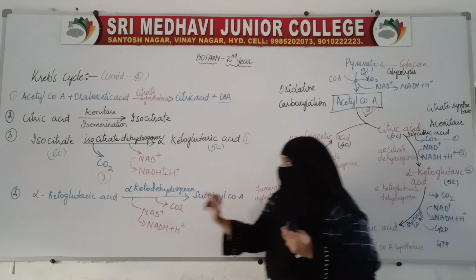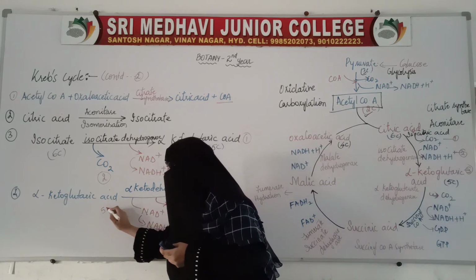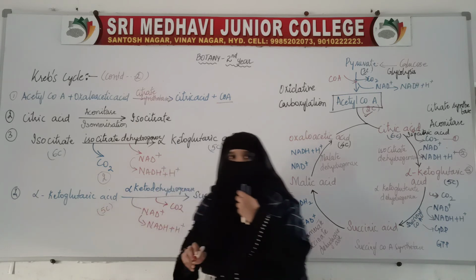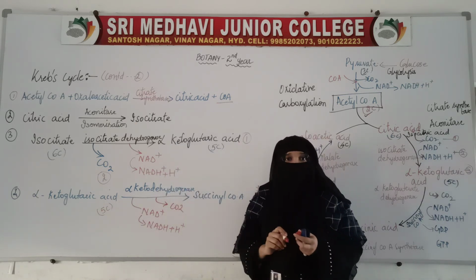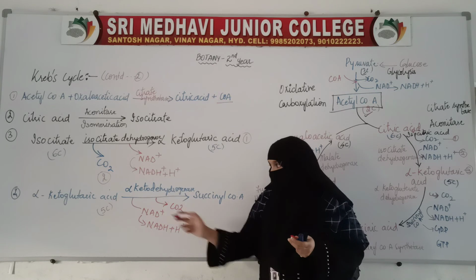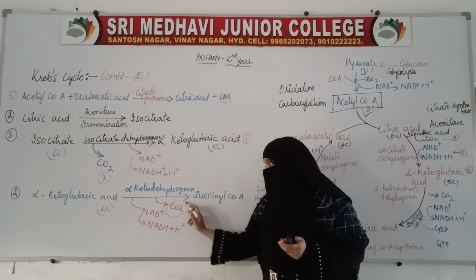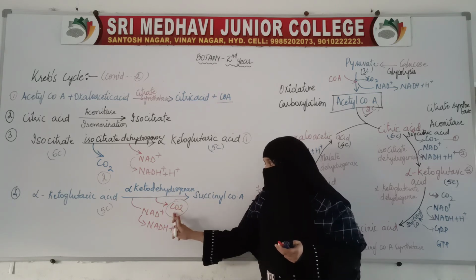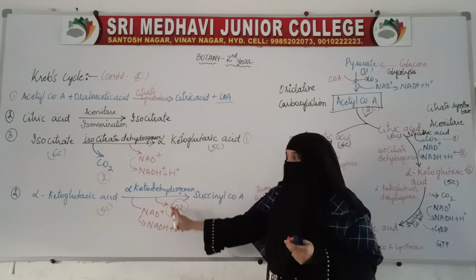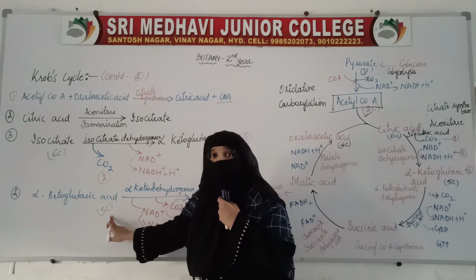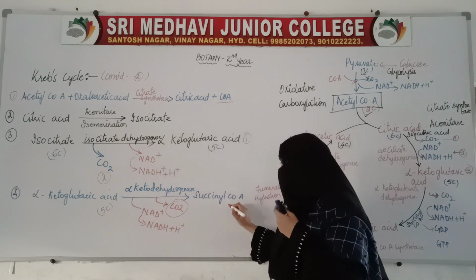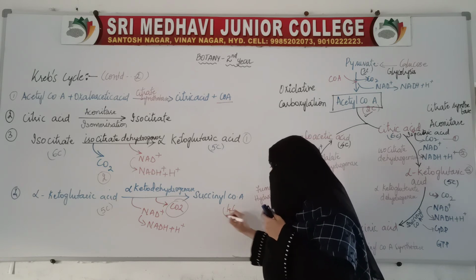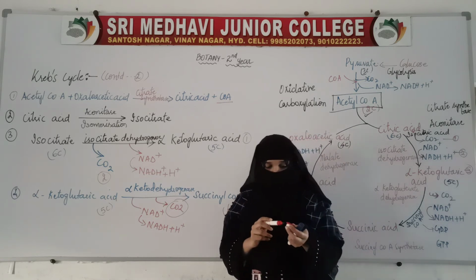Now remember, this alpha ketoglutaric acid is a 5-carbon compound. Now here decarboxylation has occurred. In this, carbon dioxide has been released. Now with the release of this 1 carbon dioxide, this 5-carbon compound will change into a 4-carbon compound.